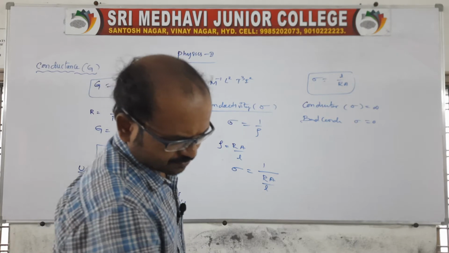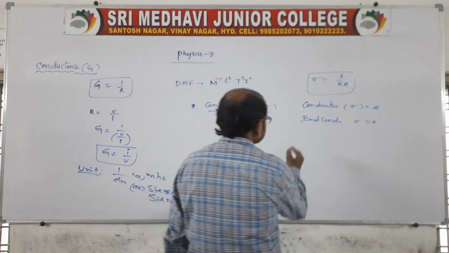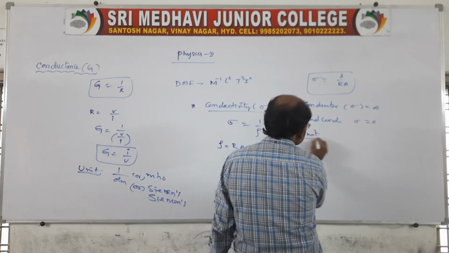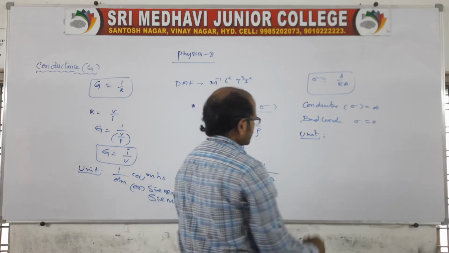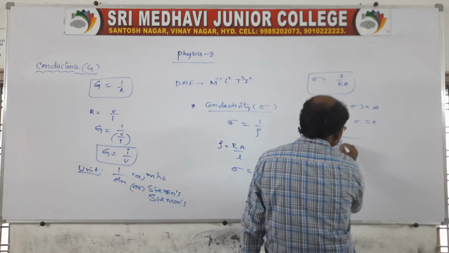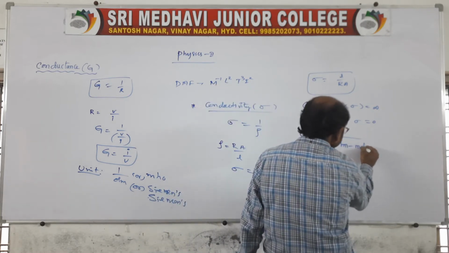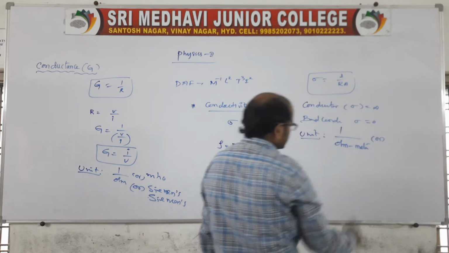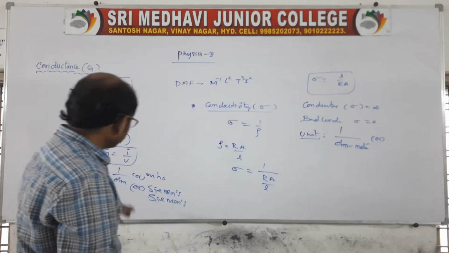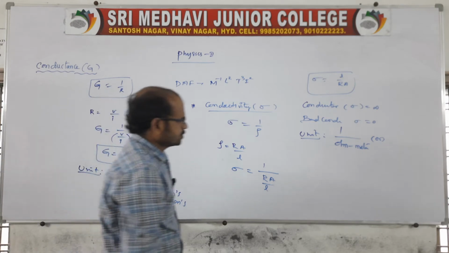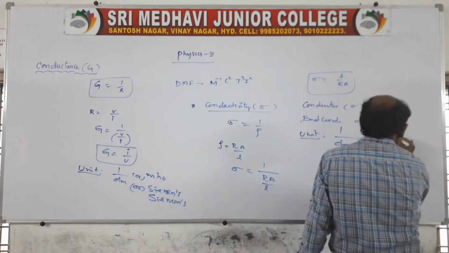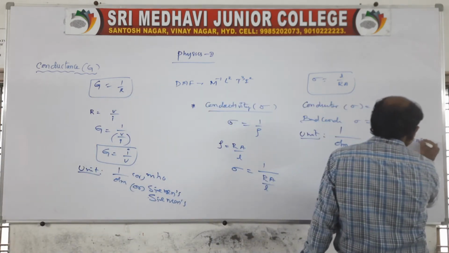Coming to the units and dimensional formulas. The unit is 1 by ohm meter. Instead of 1 by ohm meter, we know 1 by ohm is Siemens, so you write Siemens per meter.